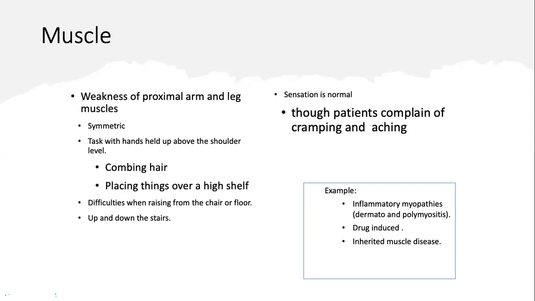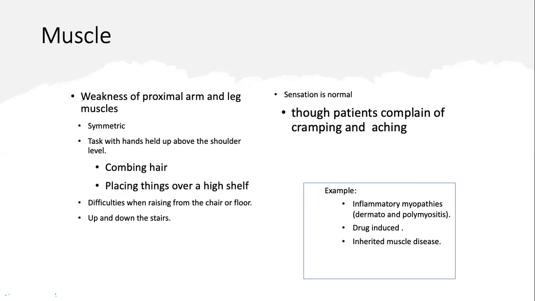In the lower limb, they will have difficulty, for example, standing from a sitting position because the thighs are weak, difficulty climbing or ascending the stairs. And again, because it's a muscle disease, there's no nerve involvement, sensation is normal, but they can complain sometimes of cramps and aching.